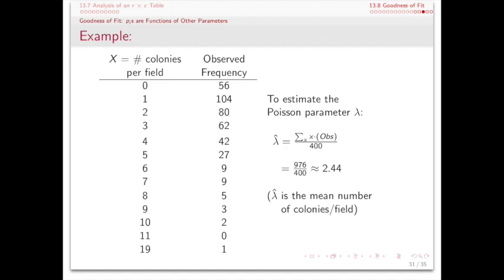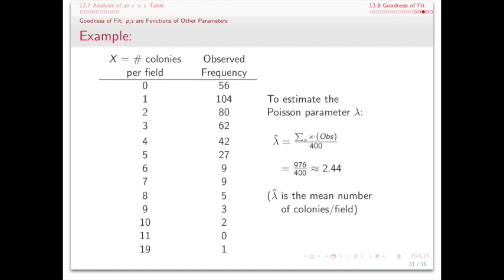Now, remember I mentioned that we needed to estimate the Poisson parameter lambda. To do that, we'll take each X value, multiply it by its associated observed frequency, add up those values over all possible categories, and then divide by the total number of observations, which is 400. This is effectively the computation of a mean, but we're making use of a frequency table to compute a mean.